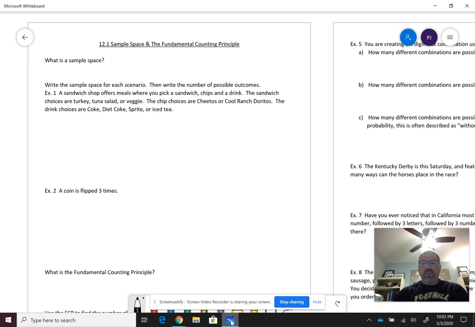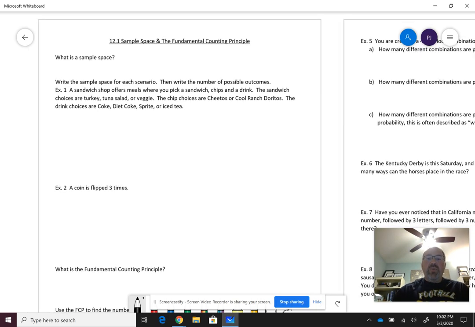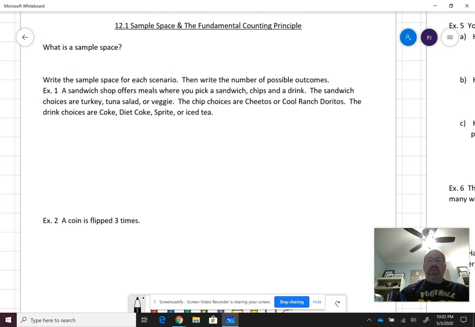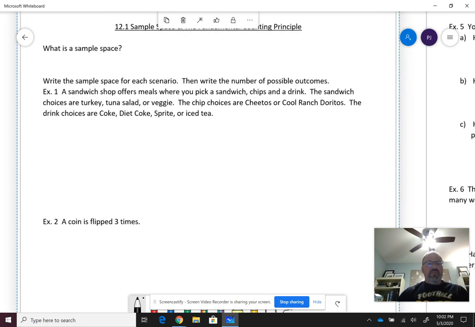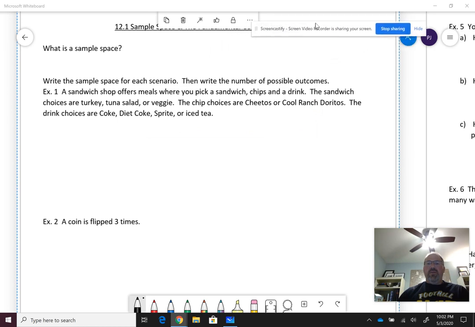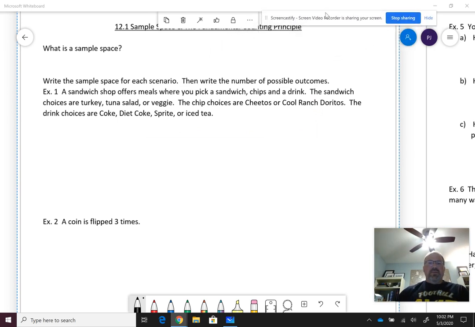Or you can copy them down on your own, or print them out if you'd like. Now I am going to try to use some cursive writing because I know that helps with the sounds that are going on too. So bear with me in that. I'm working on that.